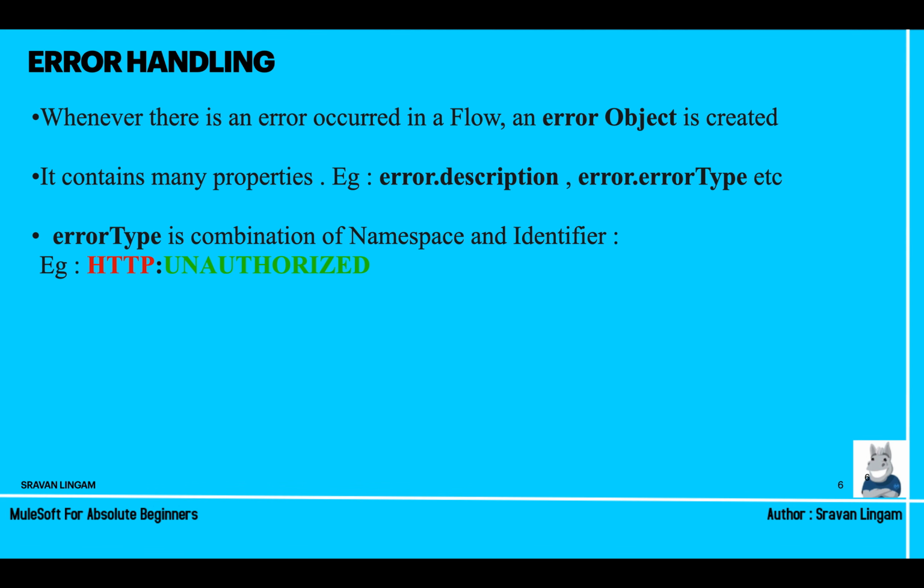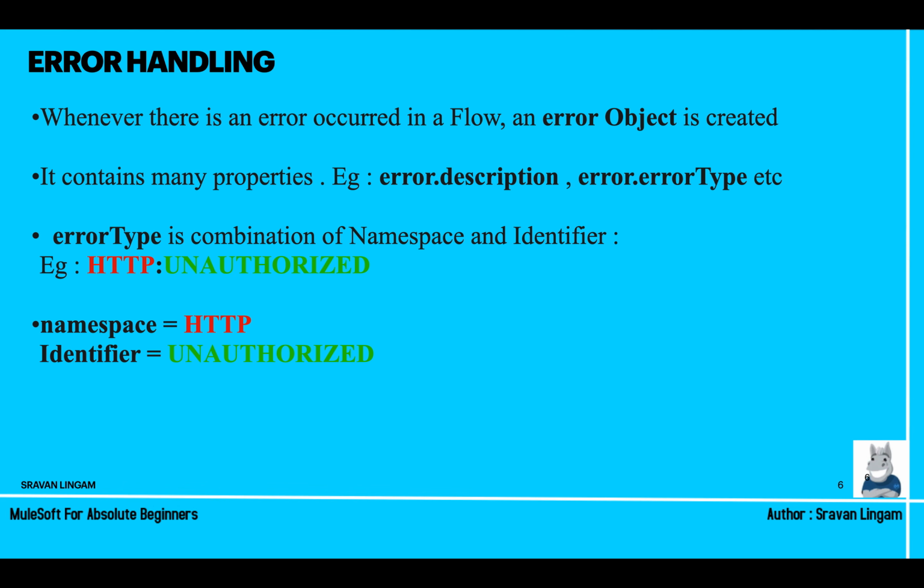What is the namespace and what is the identifier? The namespace here is HTTP, and the identifier is UNAUTHORIZED. Whatever is highlighted in red text is the namespace. That means the word to the left of the colon is the namespace and the right is the identifier, and the combination of namespace and identifier is called the error type.